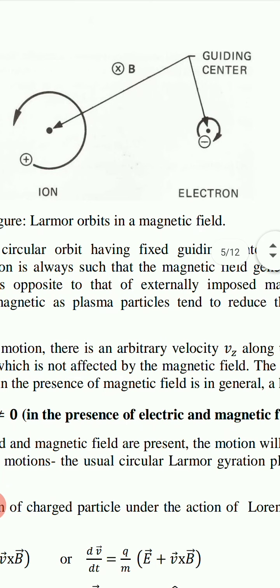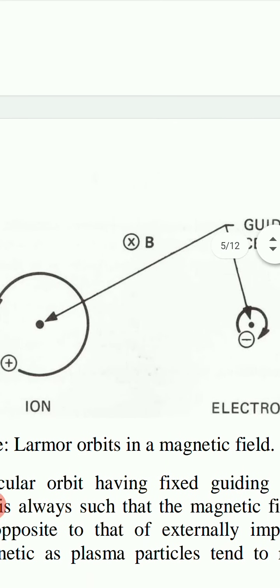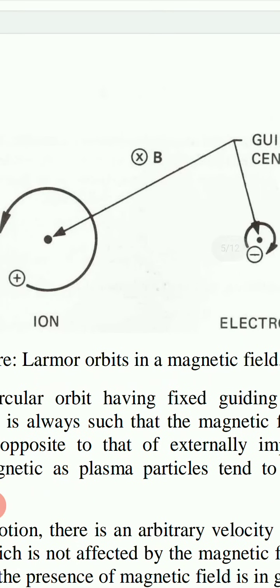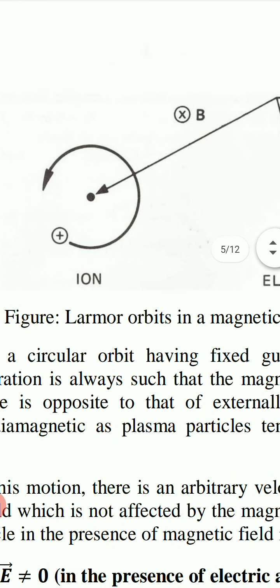If the charged particle is negative, then it will also move in a circular orbit. This cross indicates the direction of the B vector, the direction of the magnetic field, and it is perpendicular to the plane of paper. So the motion of the charged particle will be in the plane of paper, and this motion is circular motion.